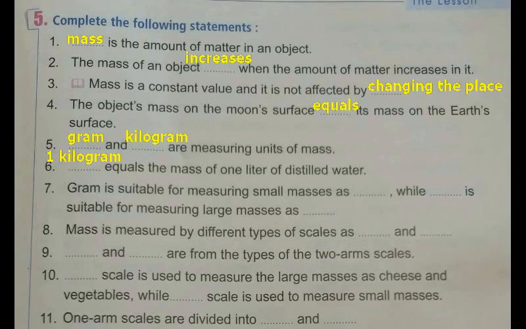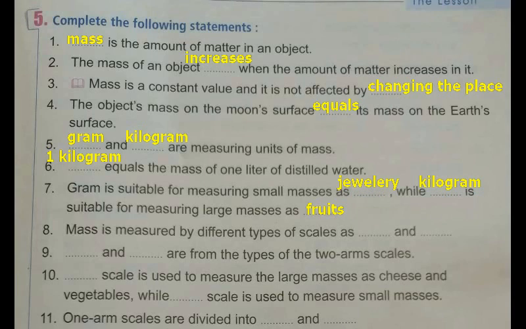Number 7. Gram is suitable for measuring small masses such as jewelry, while kilogram is suitable for measuring large masses such as fruits and vegetables.